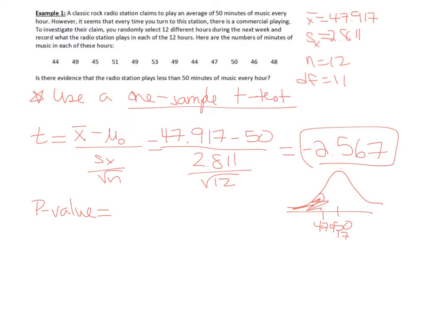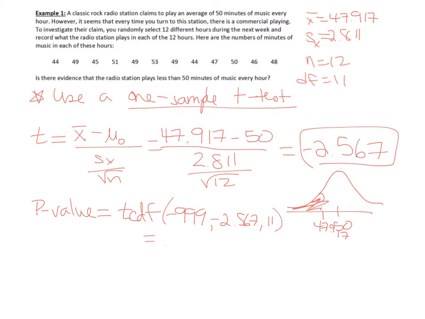The way you're going to do this on the calculator is go to the distribution function and use what's called the t-CDF. Before we were using the normal CDF. It only allows you to use the test statistic there. So we're going to go from any small number up to our t-statistic, followed by our degrees of freedom, which is 11.